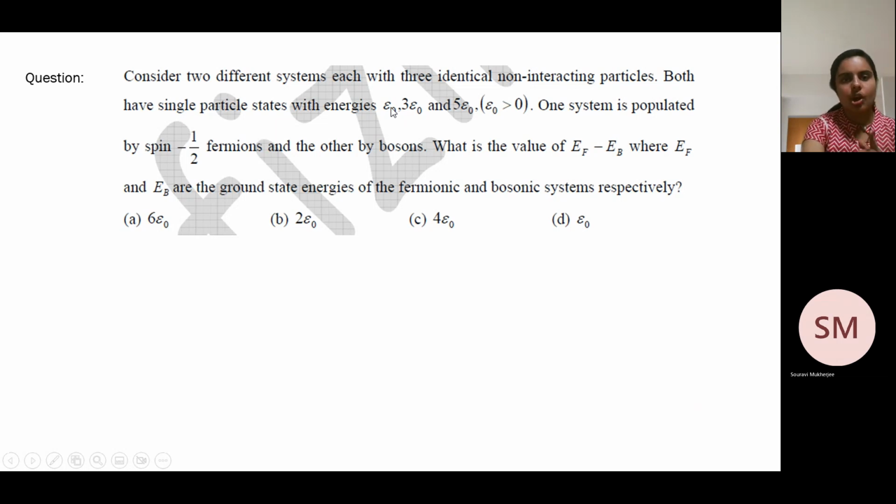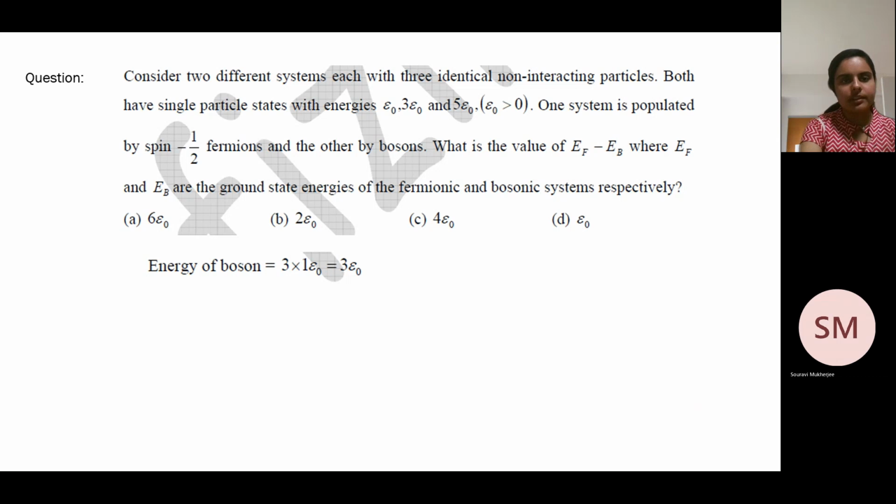You have no restriction on how many particles can go to one energy level. So that means for a boson, your energy would be given as 3 into epsilon naught, because all the three particles would go to the lowest energy that is possible, that is epsilon naught. So the ground state energy in that case would turn out to be 3 epsilon naught.